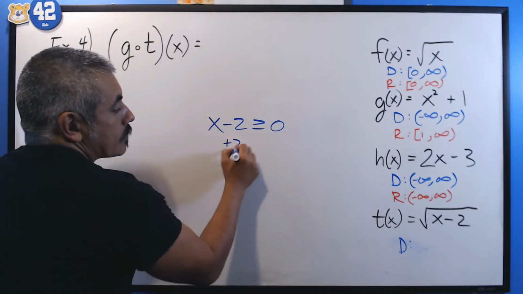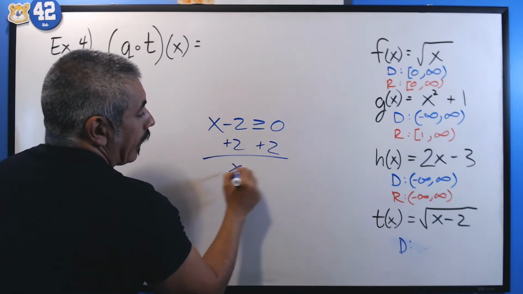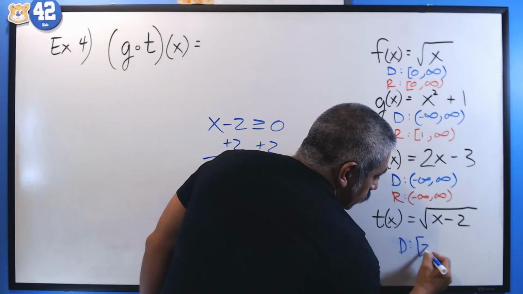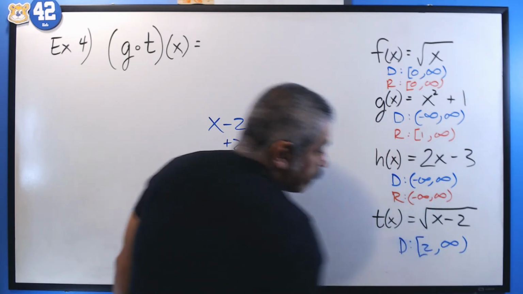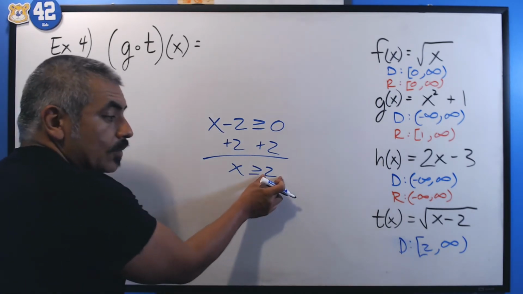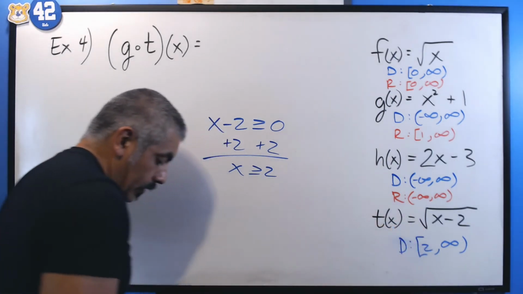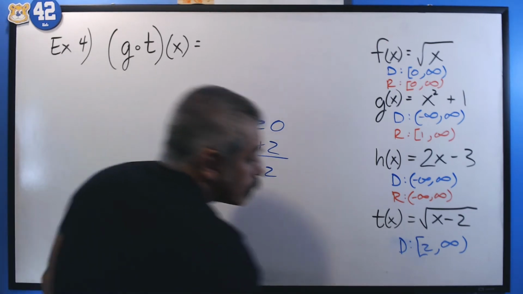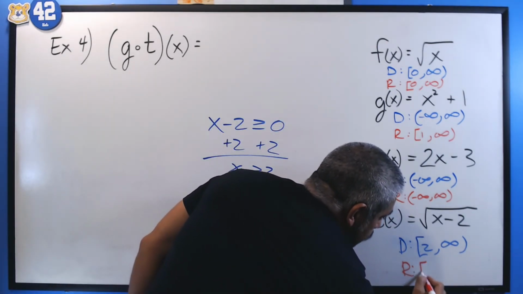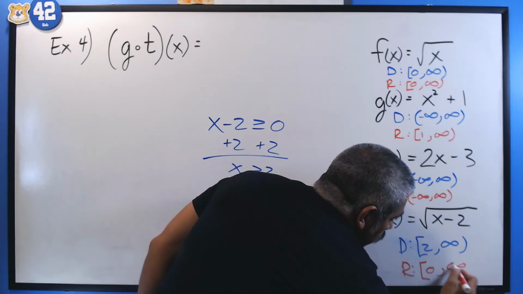I'm going to say plus 2 plus 2. And we know that x has to be greater than or equal to 2. So we get the domain is 2 to infinity. Given that the smallest value I can put in is 2, the smallest value I can get out is 0. So my range is going to go from 0 to infinity.